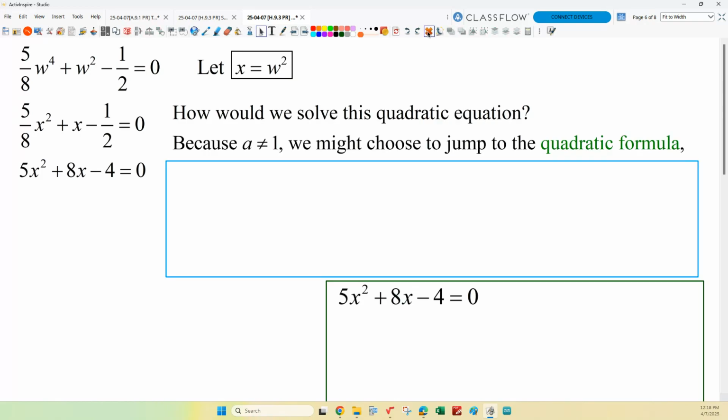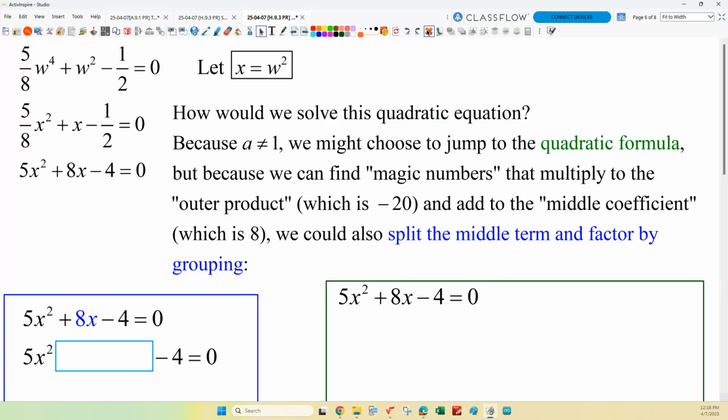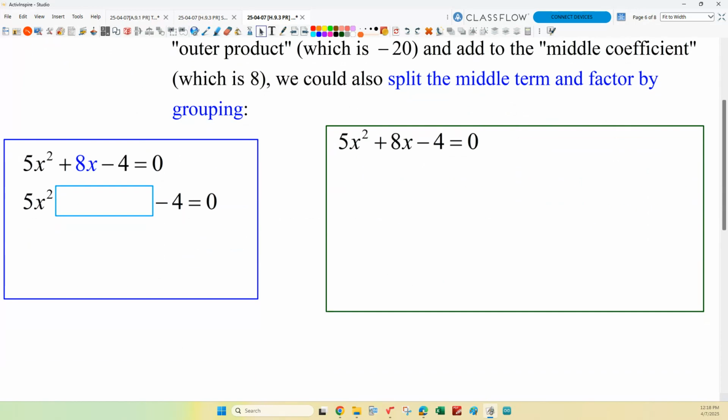Now, if you're good at factoring and you can do this pretty quickly, that might even be faster than the quadratic formula. It's up to you. So we could just choose the quadratic formula, but because we could find magic numbers that multiply to the outer product and add to the middle coefficient, we could do that. You already told me we'll split this into a positive 10x and a negative 2x.